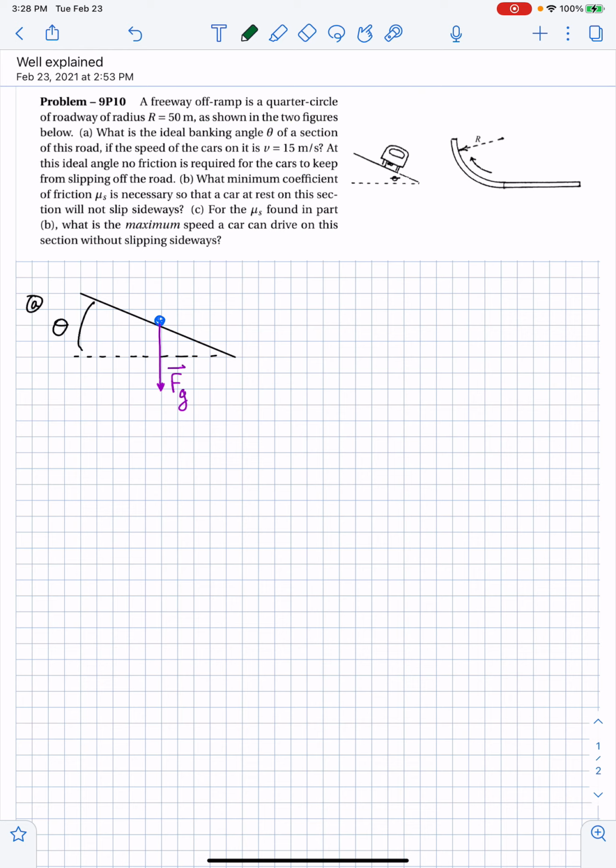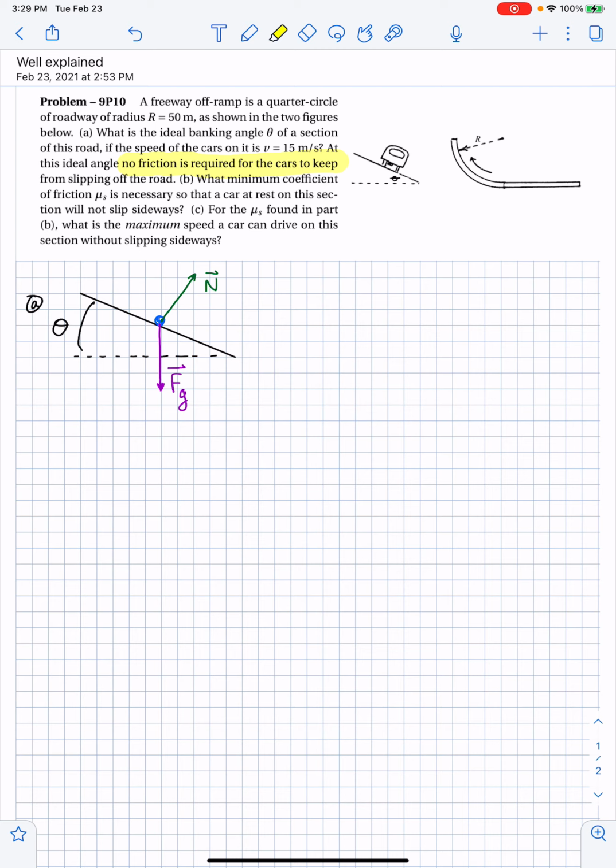The road is going to react with the car, so you're going to have a normal force right here. And here we are told specifically that there is an angle for which no friction is required for the car to keep from slipping on the road.